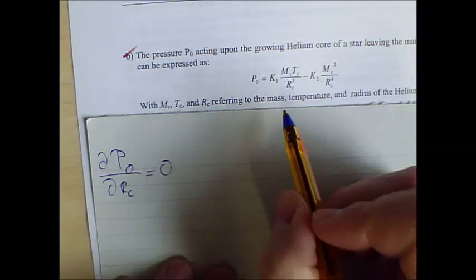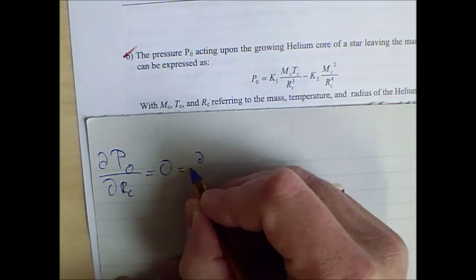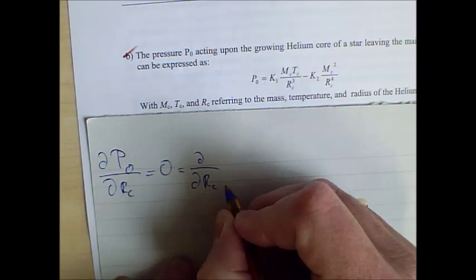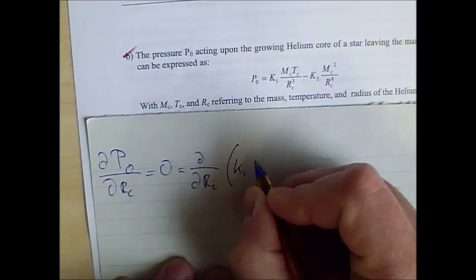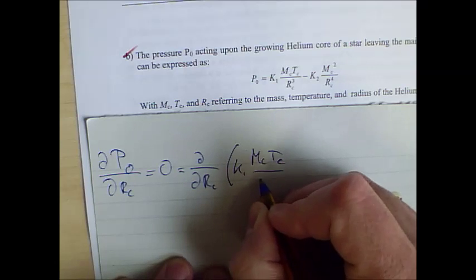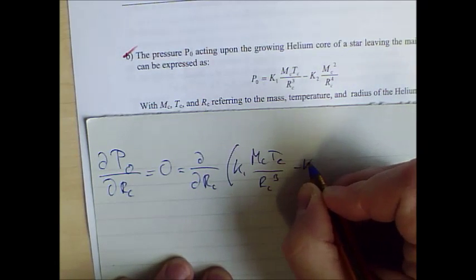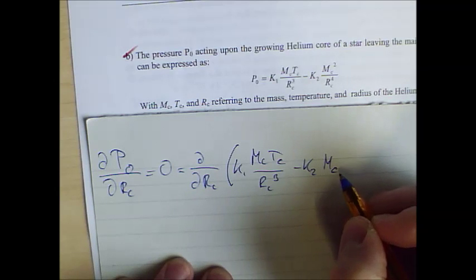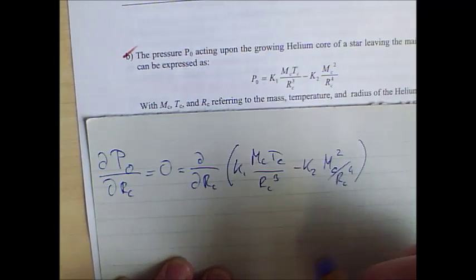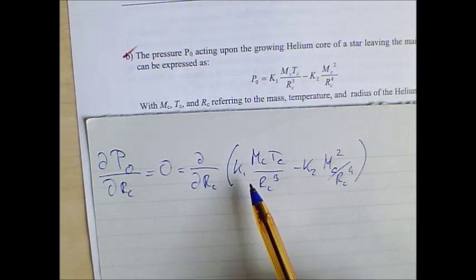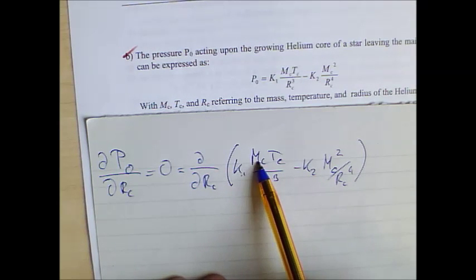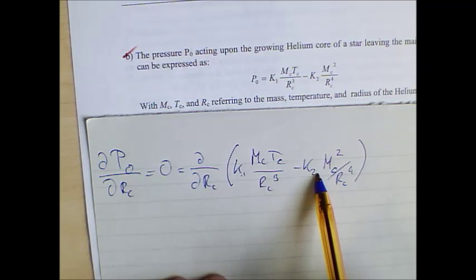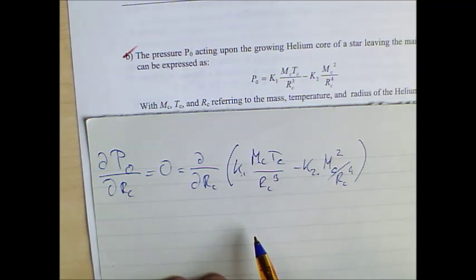So we need to do the derivatives of this whole expression. Bear in mind K, M, T, both K1 and K2, are constants.